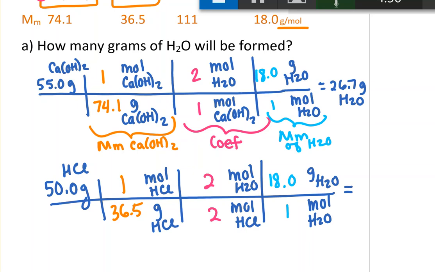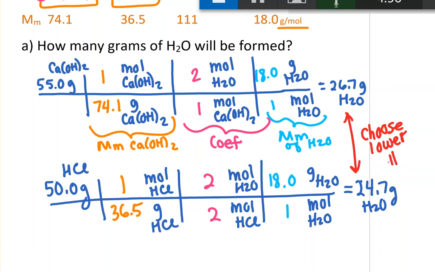And I get a prediction here. Okay, so now I have two predicted amounts of water. What do I do? I choose the lower of the two. So I compare these two yields. And I'm going to choose the lower of the two.